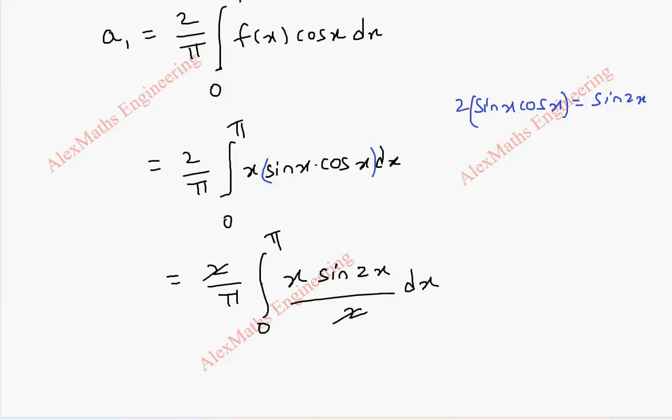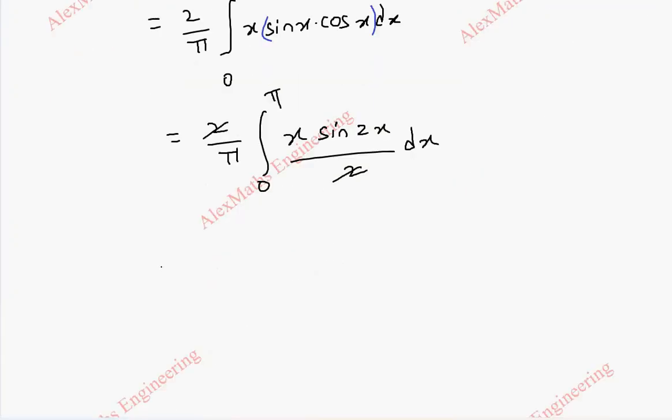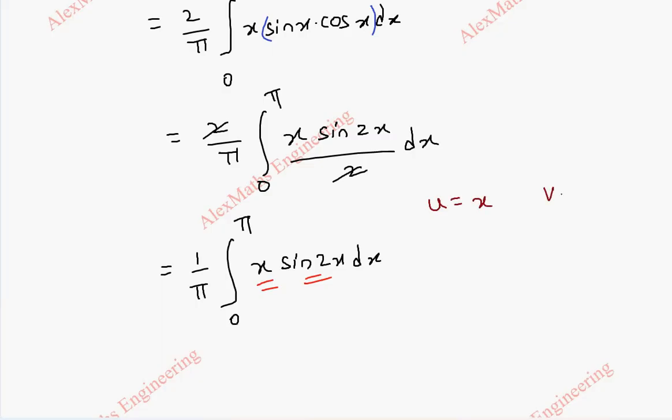So after cancelling this, we have 1 by pi, a constant, outside, integral 0 to pi x into sin 2x dx. Again we are going to use Bernoulli's formula. This is u and v. So u is x, v is sine 2x.